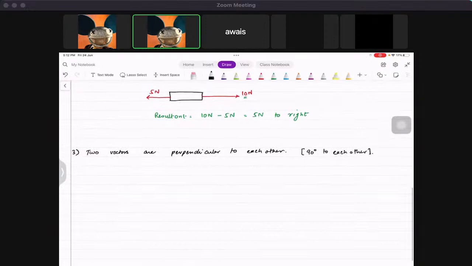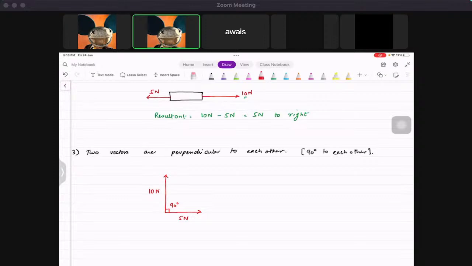So suppose you have 10 newtons here, 5 newtons here, and they have a 90 degree angle between them. Now the point is, how do we solve this?